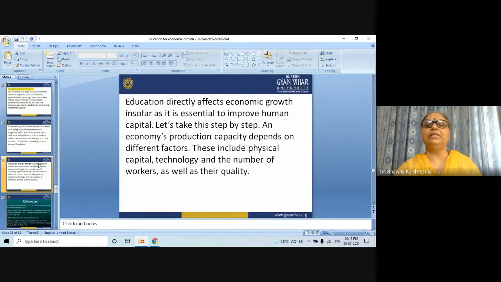This quality is largely determined by what is called human capital, the stock of knowledge, skill, and habits. An increase in workers' educational level improves their human capital, increasing the productivity of these workers and the economy's output.